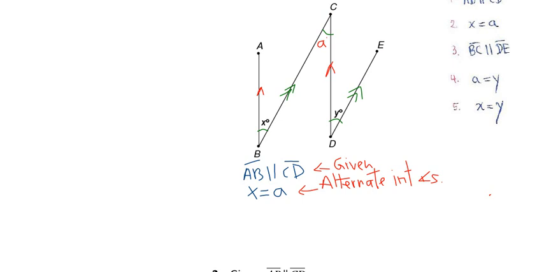So BC parallel to DE, that was also given to us. And the conclusion would be that A is equal to Y, and that's again because we have alternating angles and we know that they are equal.